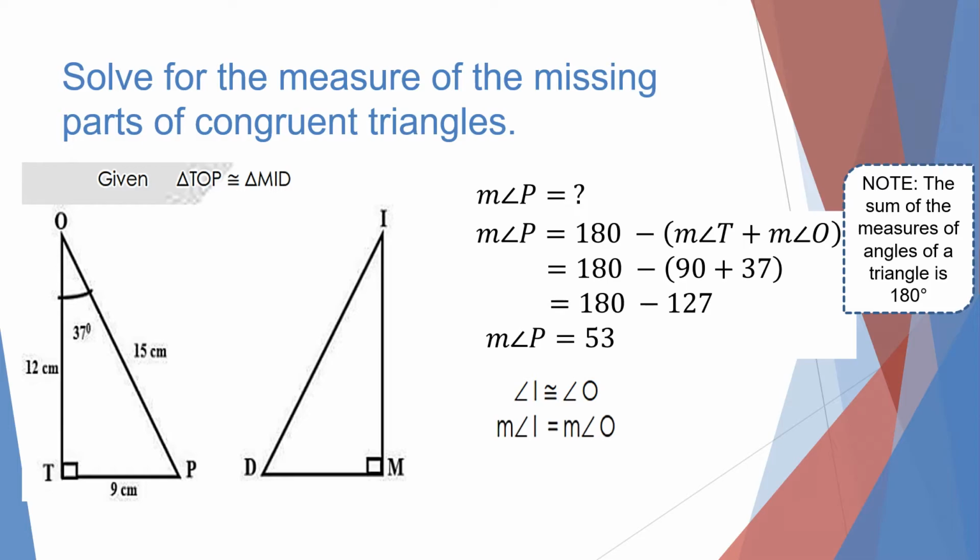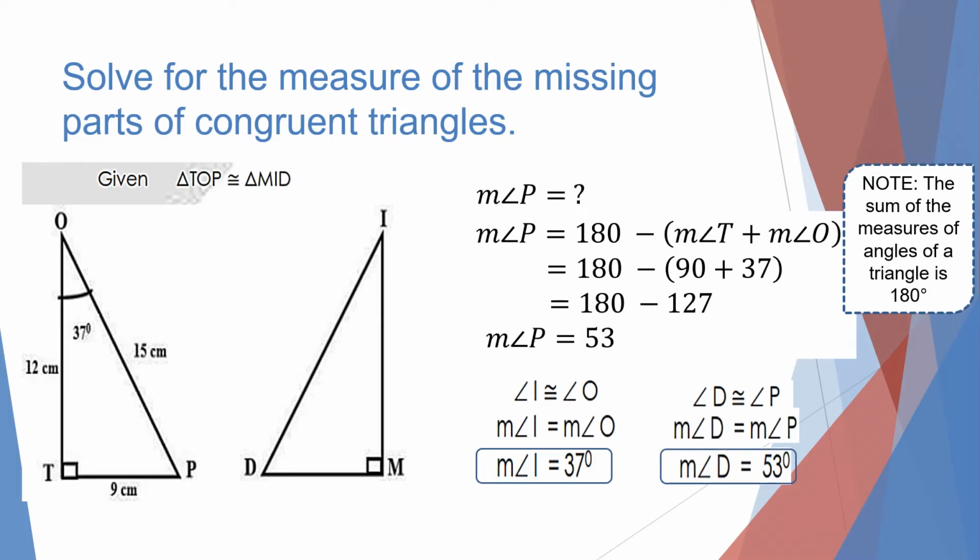So, therefore, the measure of angle I is also 37 degrees. Next angle, we have angle D is congruent to angle P. And if they are congruent, therefore, their measures are also equal. At ano ang measure ni angle P? It is 53 degrees. Therefore, measure of angle D is also 53 degrees.